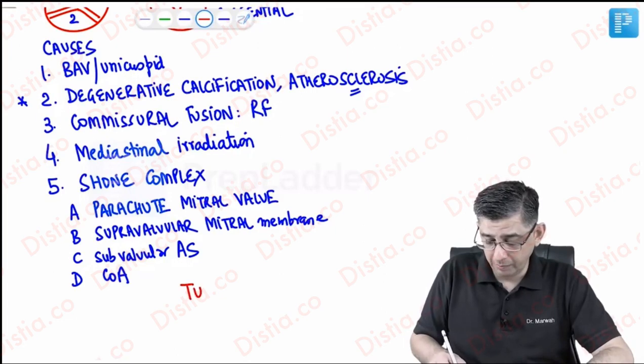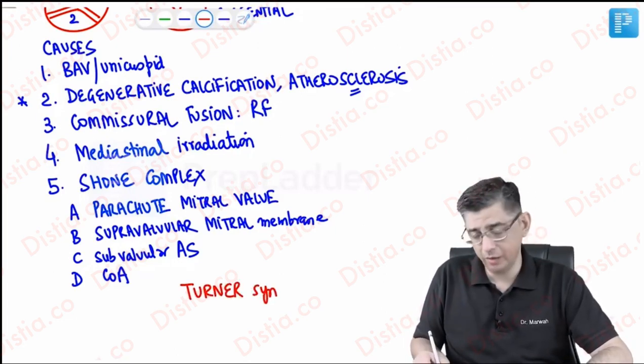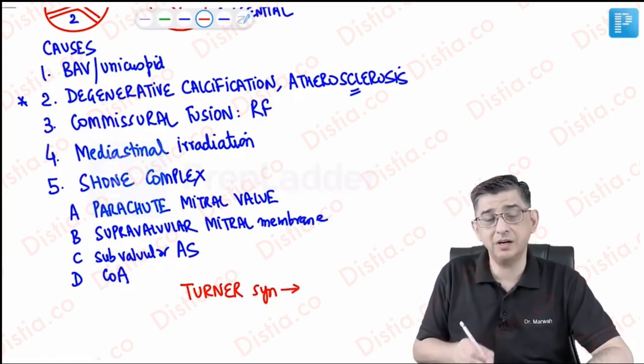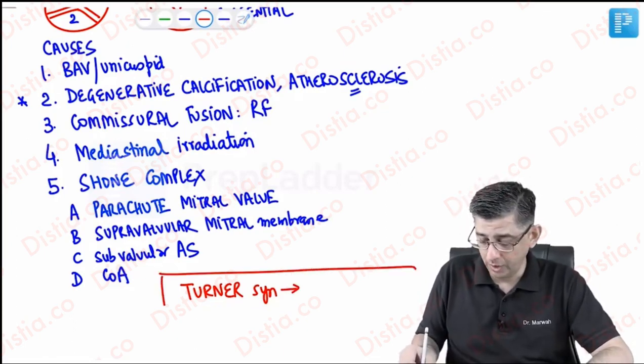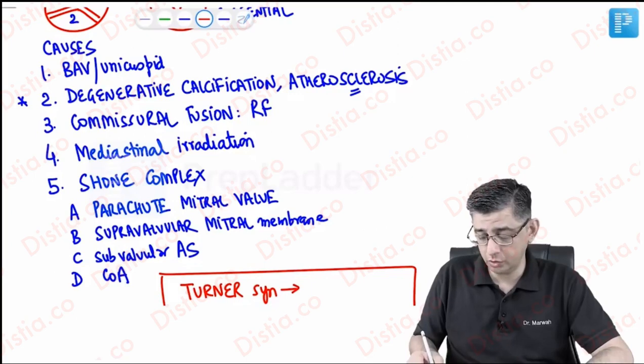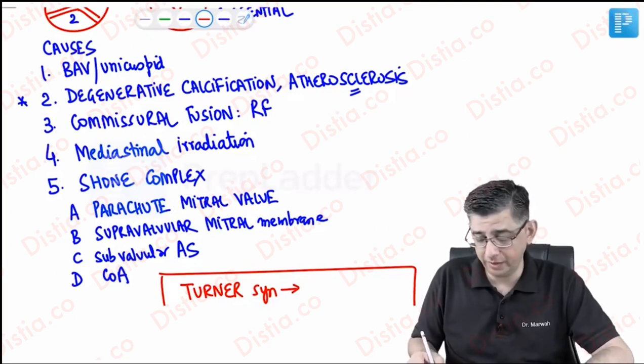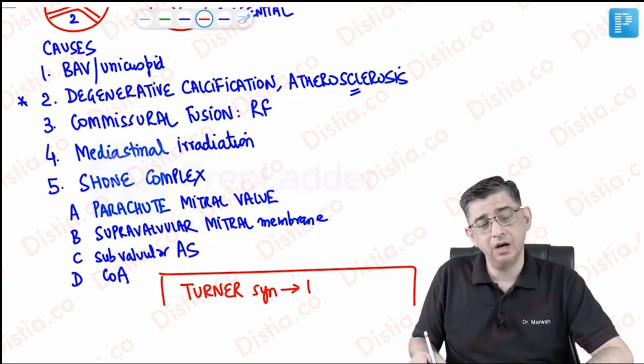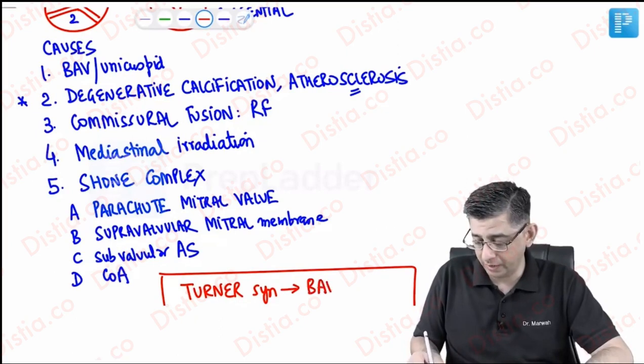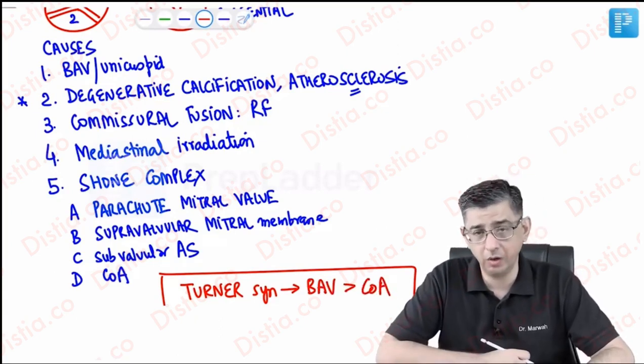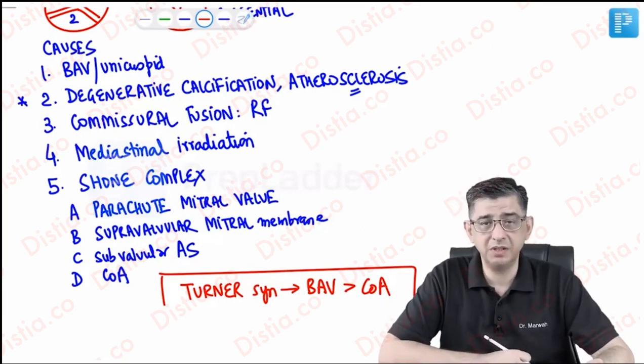I also want you to remember, since they love to talk about syndromes, I have said this earlier also, I am going to keep on saying this current statement that I'm writing right now multiple times in our discussion. The most common cardiac involvement in Turner syndrome happens to be bicuspid aortic valve, and after bicuspid aortic valve, yes, coarctation of aorta can also be present, but then this is percentage wise data.